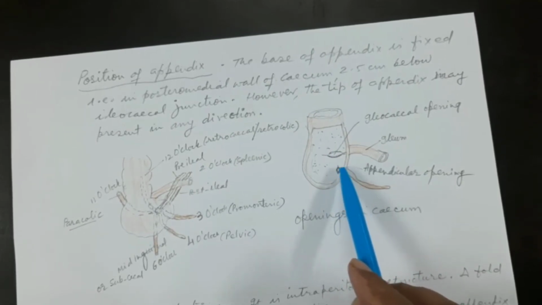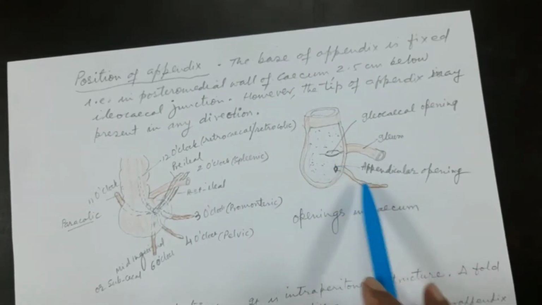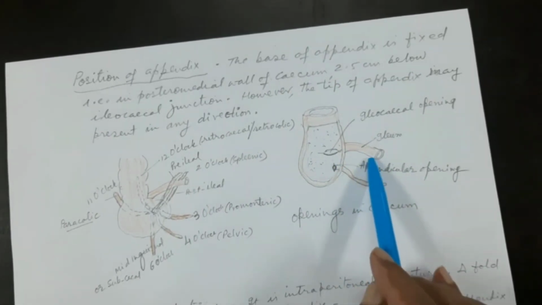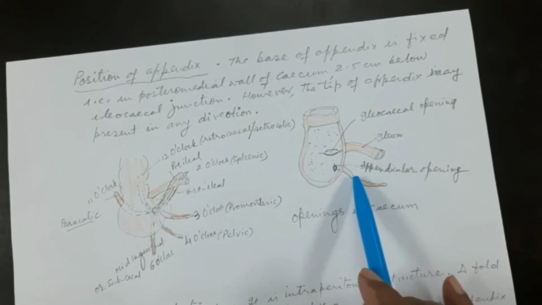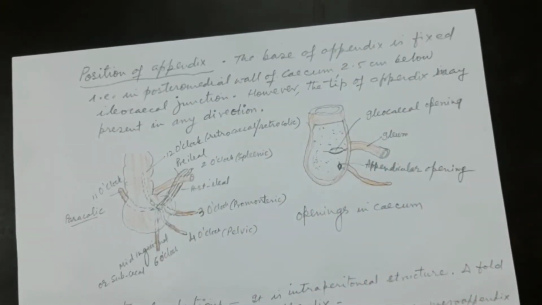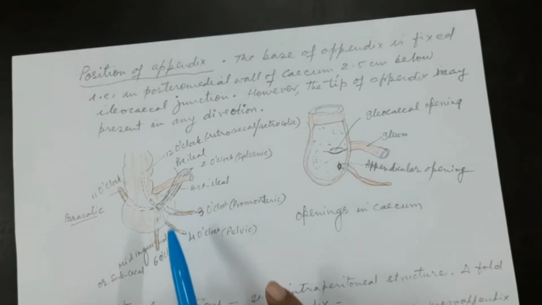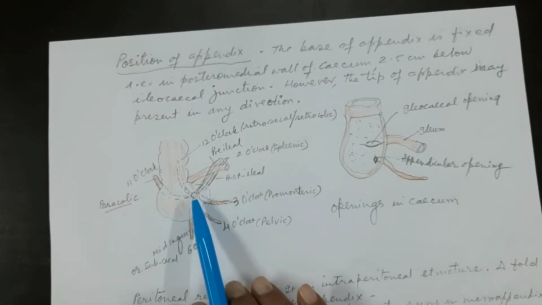However, the base, though it may be fixed, this is a free tube, only attached with the mesoappendix here. So the tip and the body of the appendix, its position is not fixed, it may present in any direction. Some of the most common positions of the appendix are shown here.